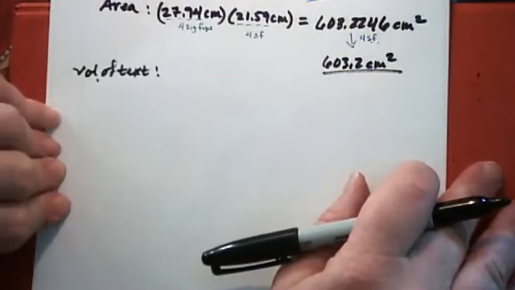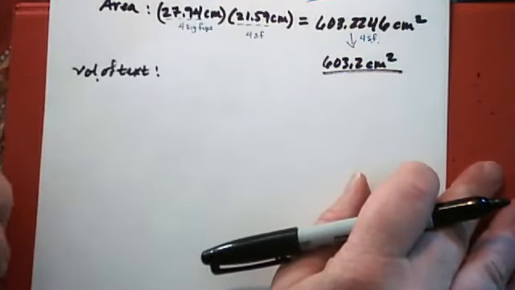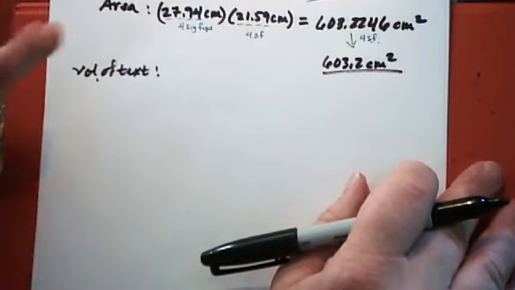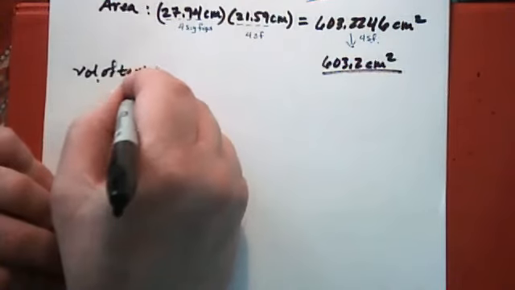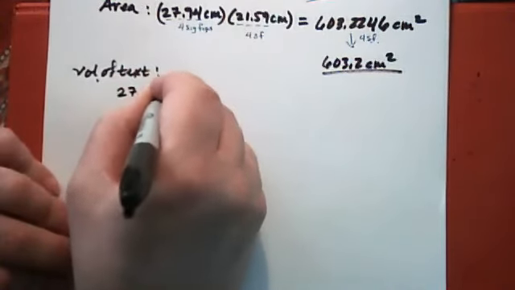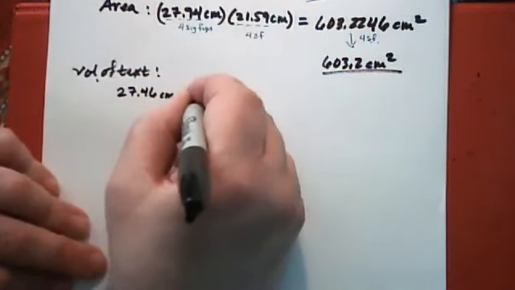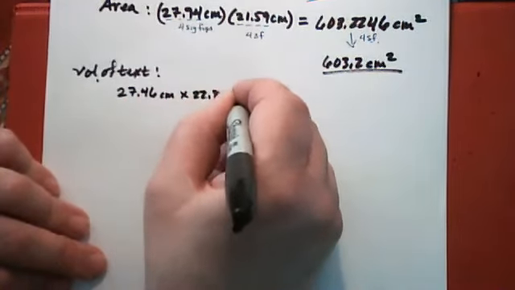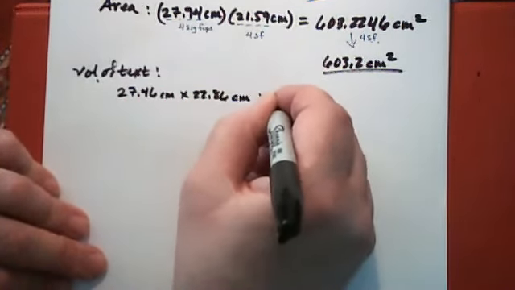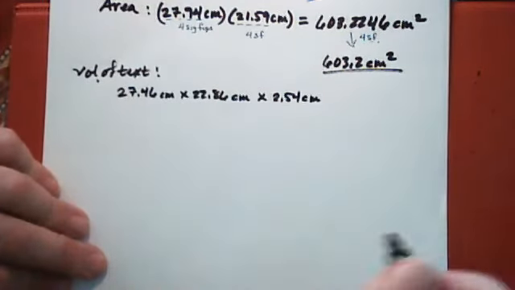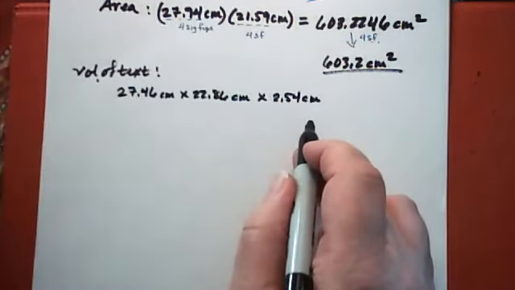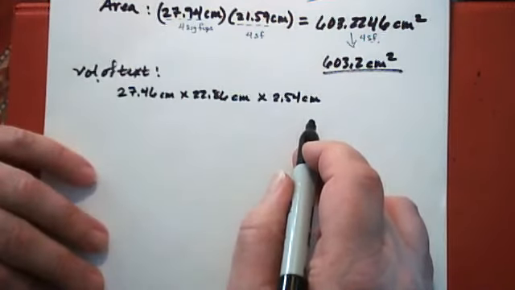Also, particularly because my older edition of the textbook is a fully bound version, and the version they're selling now is a loose leaf, so that might come out a little differently. But what I got was 27.46 centimeters by 22.86 centimeters by 2.54 centimeters. And your numbers may vary a little bit because you've got a different edition of the book. There may even be a different number of pages, actually.